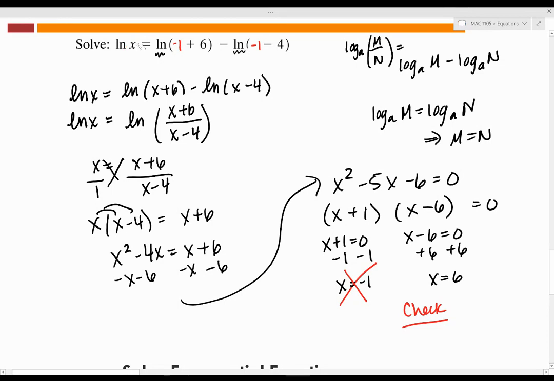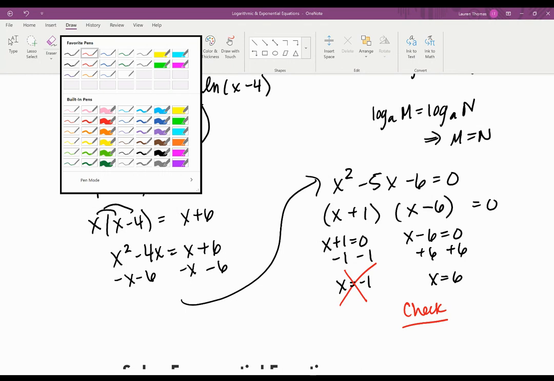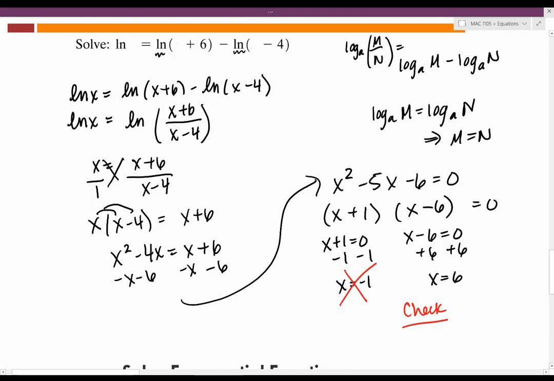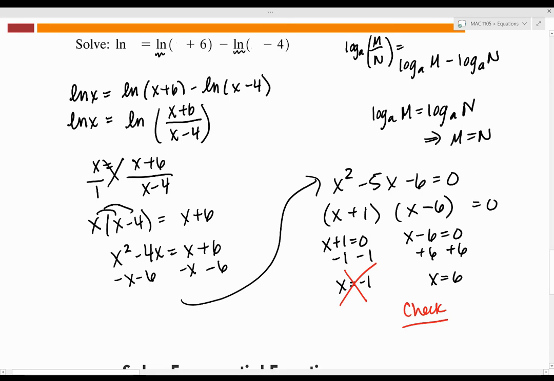Okay, so let's try that again, but let's try it for 6. So let me blank out our x's again. All right, so we're going to plug in positive 6 for x.